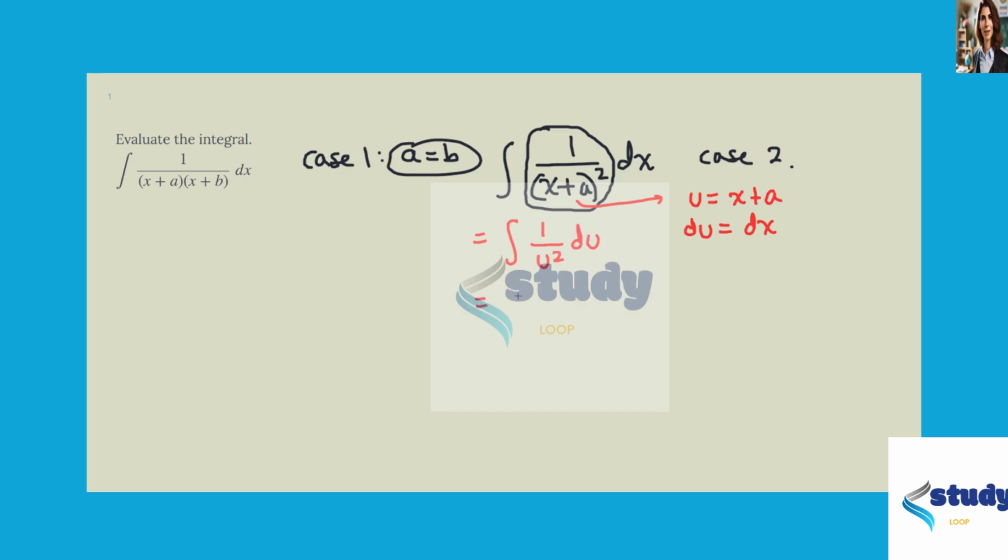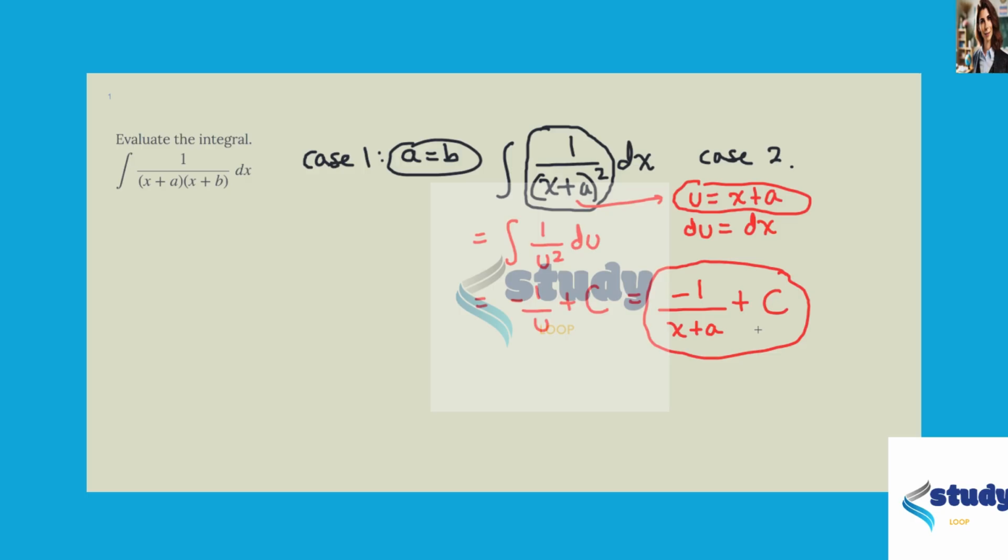And then you could use the power rule to get negative 1 over u plus c. And then go ahead and replace u with x plus a. So in case 1, if a equals b, this should be the integral.